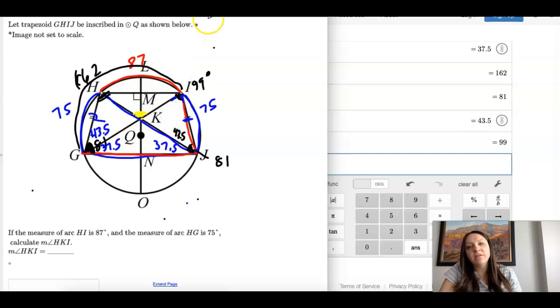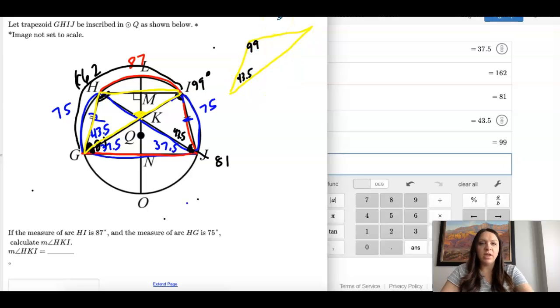Okay, so now I'm gonna look at this triangle right here, where I know two of the angles. I'm just going to redraw it out here. I know this is 43.5, and this is 99, and those have to add to 180.